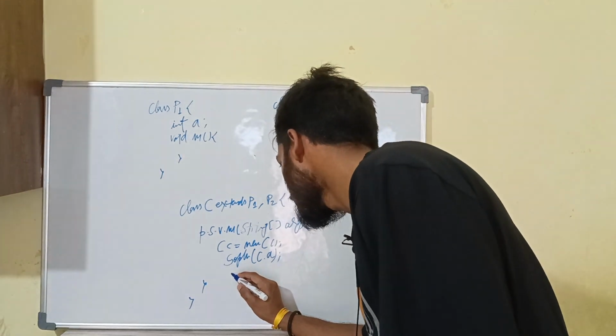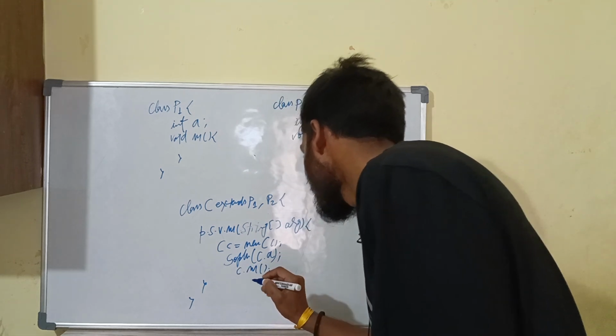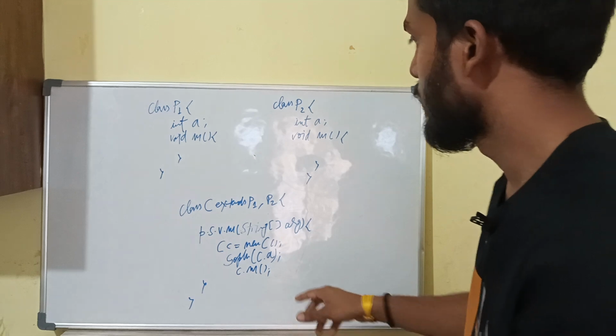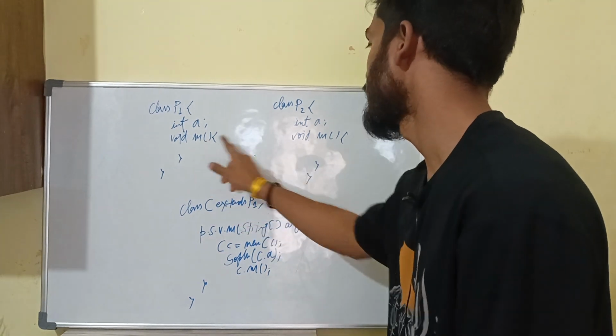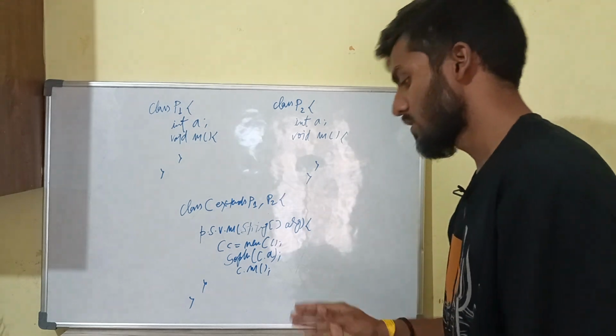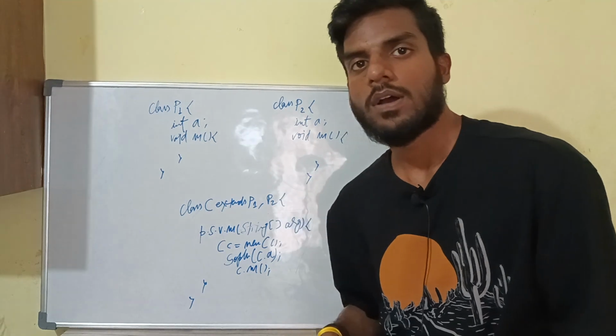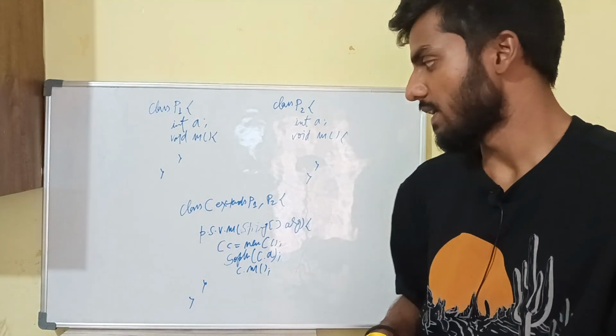One more thing we can add here, c.m(). In that case also, the superclasses have the same method name, so which method should I call? The compiler will be confused. If an interviewer asks why multiple inheritance is not possible, what answer can we give?